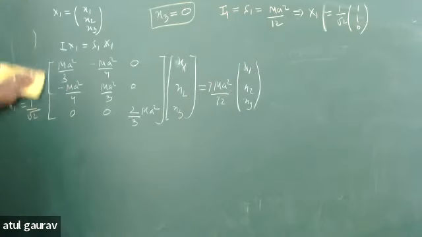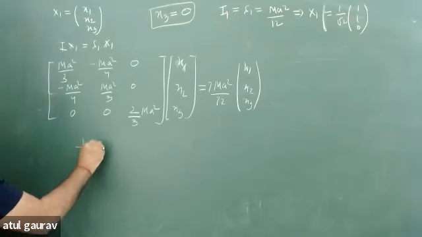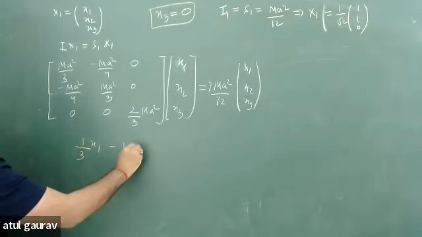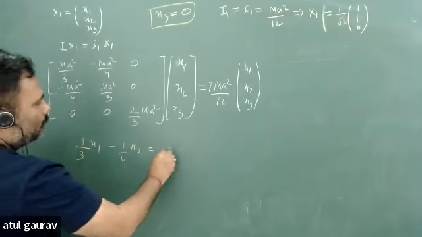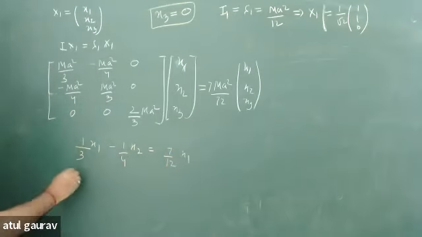Come on, tell me, what should the equation be? 1 by 3 x1 minus 1 by 4 x2 is equal to 7 by 12 x1. What will the second equation be?